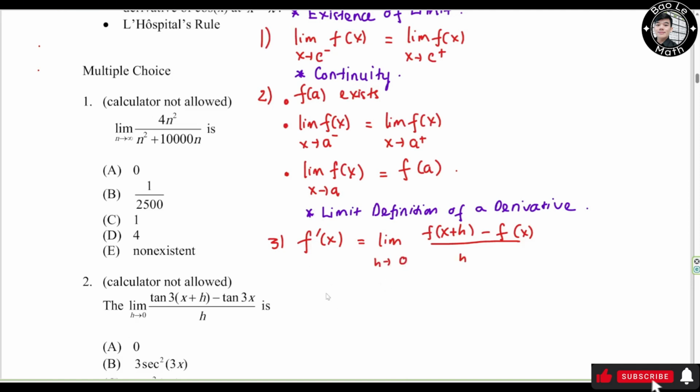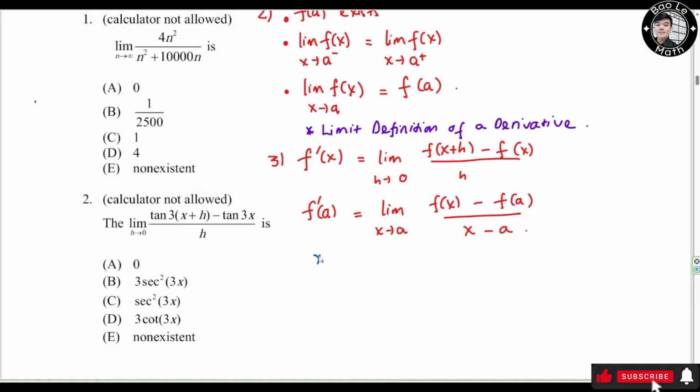Or we have another form: f prime of a equals the limit as s approaches a of f of s minus f of a over s minus a.